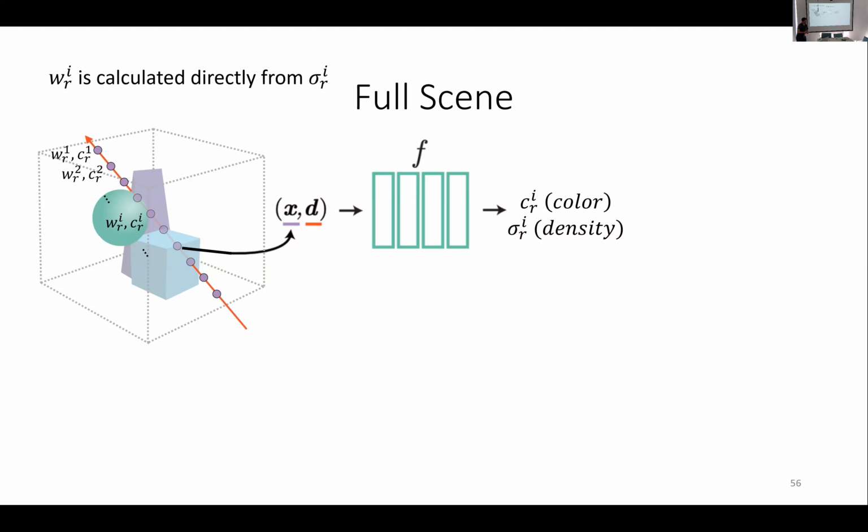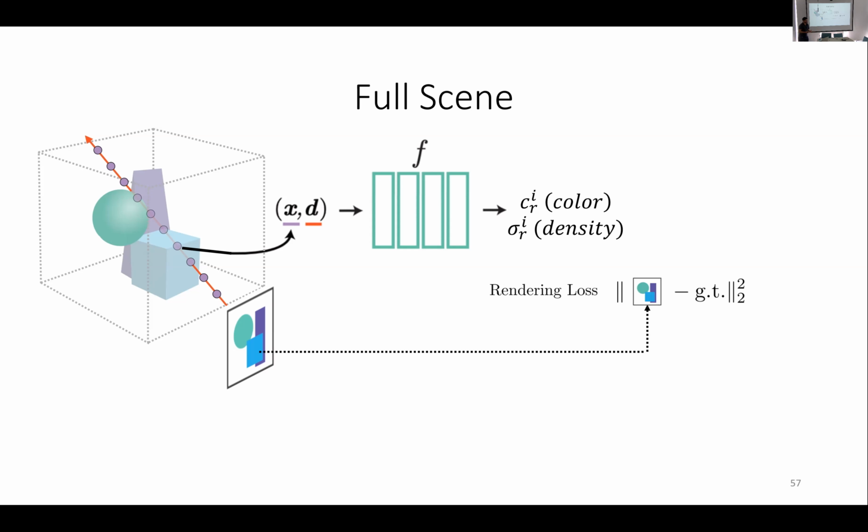And now you use this density value in order to calculate a weight for each point along the ray. And now you use a process called volumetric rendering in order to find out exactly the color at which the ray hits a desired target view, the view from which you look at the scene.